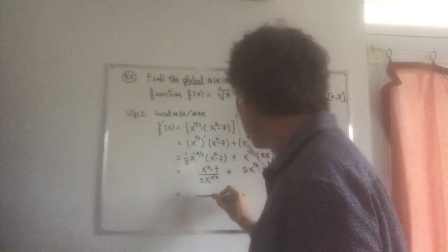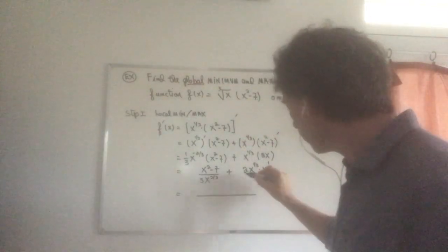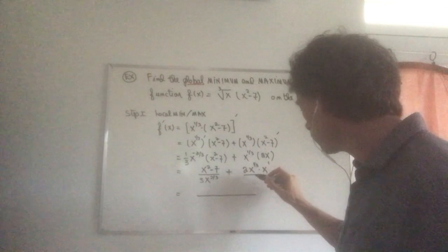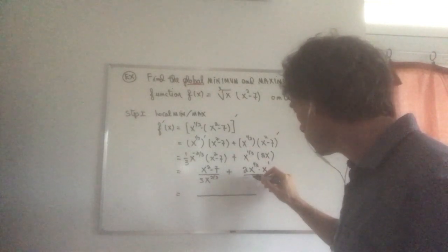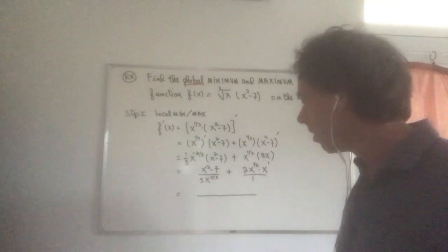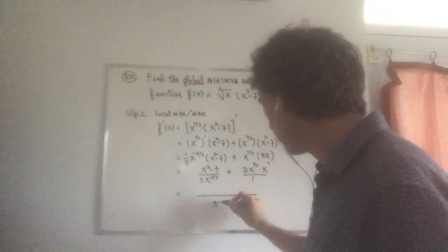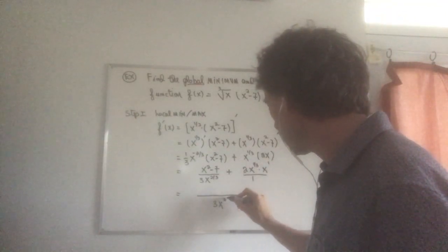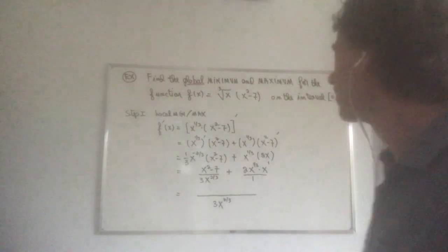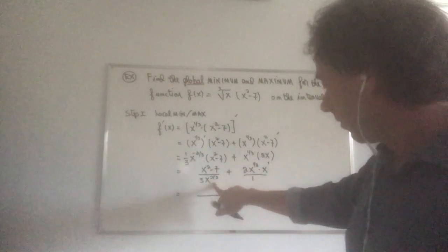So, common denominator. This is x to the 1/3 times 2 times x all over 1. So the common denominator is clearly 3x to the 2/3. That's already over 3x to the 2/3.